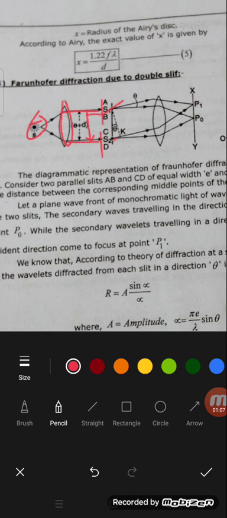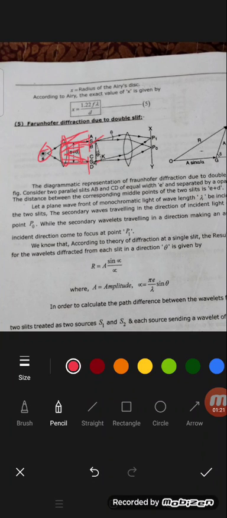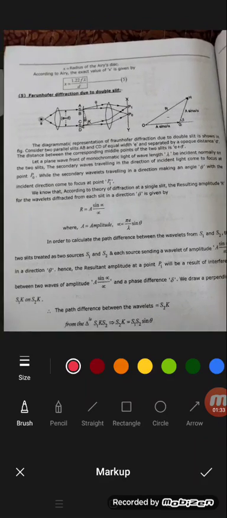According to Huygens theory, each and every wavefront forms secondary wavelets. Now if a plane wavefront of monochromatic light of wavelength lambda is incident on the two slits, what happens?